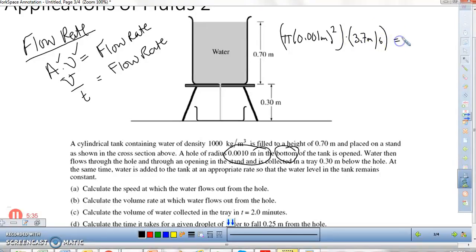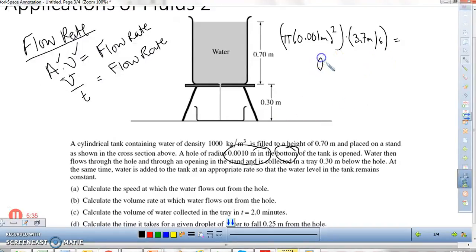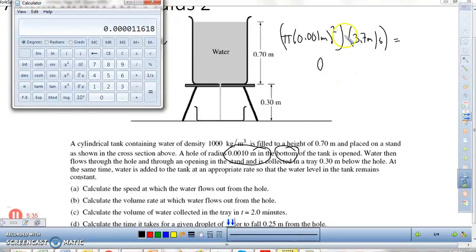Let's solve this out: 0.001 times 0.001 times 3.14 times 3.7. What I get for the flow rate is a very small number, 0.1234116.